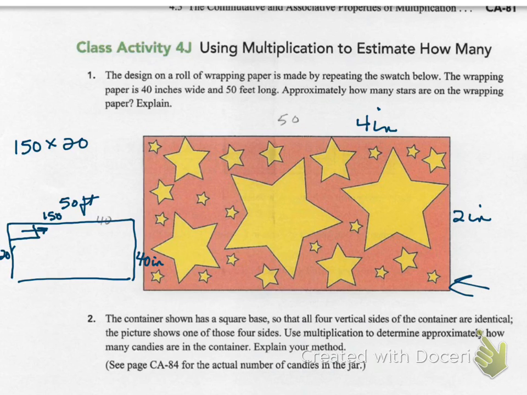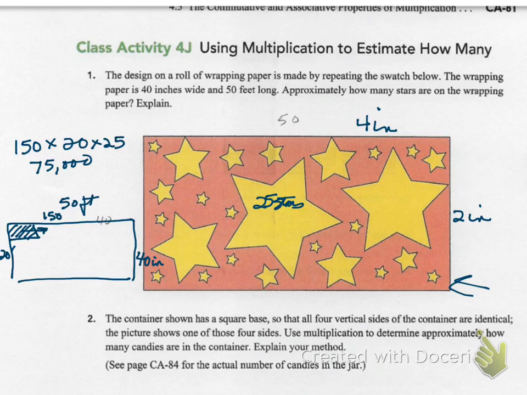So the next thing I did was to count the number of stars. So in here, I counted them all, and I had 25 stars. So if there's 25 stars in every one of these sample swatches, and I need 150 across and 20 down, I would say 150 times 20 times the 25 that I have in each one gives me a grand total of 75,000 stars.